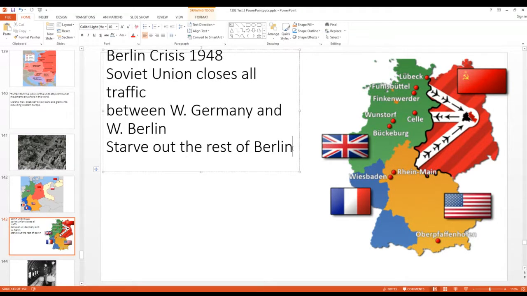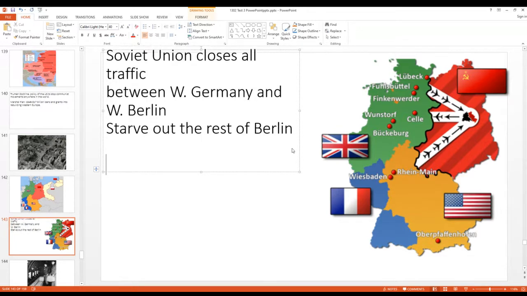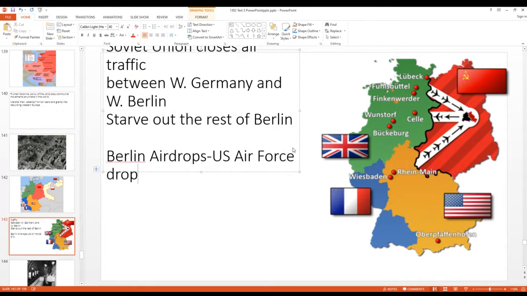So Truman does two things to deal with the situation. One, are the Berlin airdrops, where the U.S. Air Force is going to drop supplies into West Berlin every day.